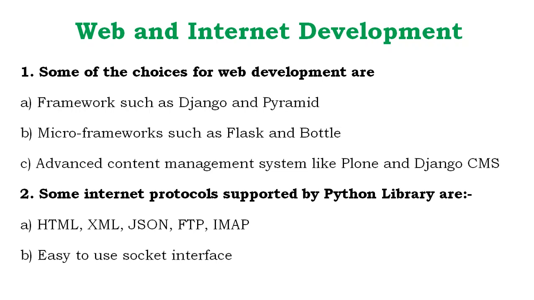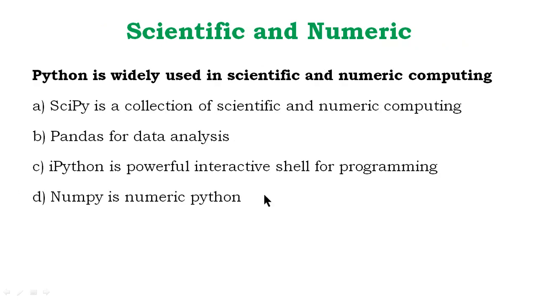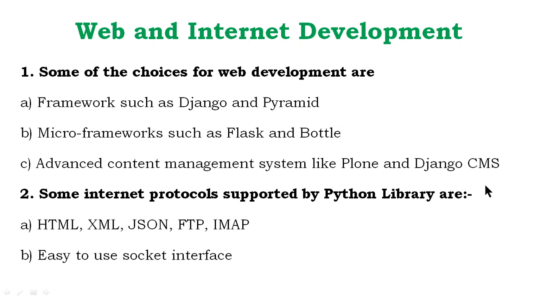But presently we can say that micro frameworks such as Flask and Bottle are basically for minor web development, and frameworks Django and Pyramid are for major areas, and you can also develop a CMS system using Plone and Django CMS. You can also find the points of difference between Django and Django CMS. Basically it's an advanced format of Django.